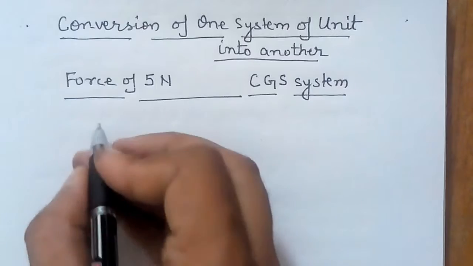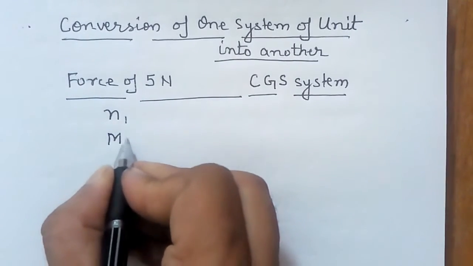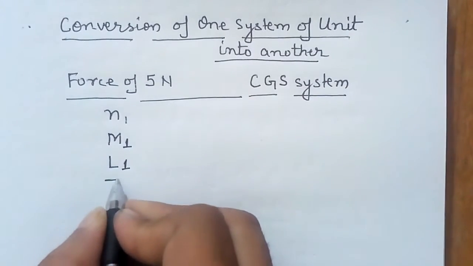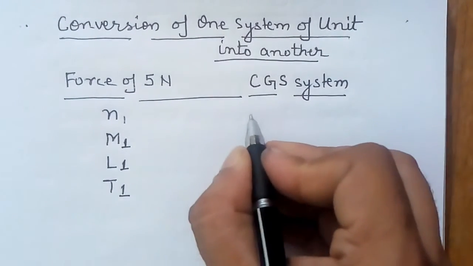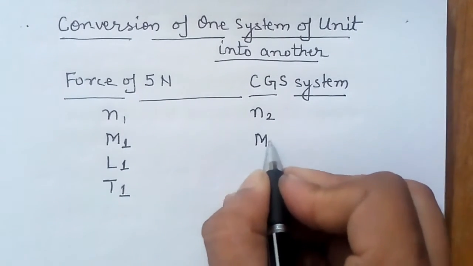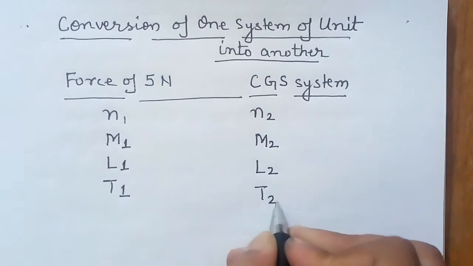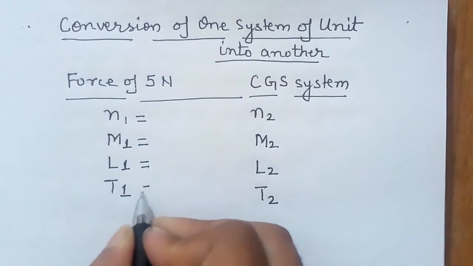For system 1 we write N1, M1, L1 and T1. For the second system we denote N2, M2, L2 and T2. These values we have to write first.